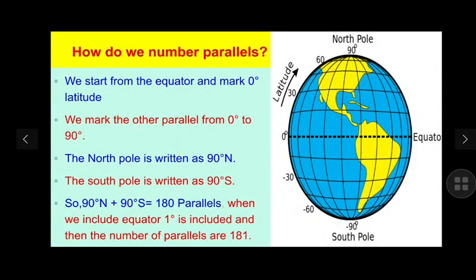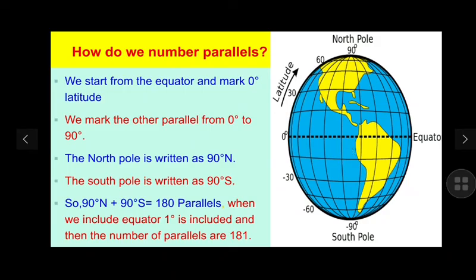Then when we mark the other parallels from 0 degree to 90 degree, the north pole is written as 90 degrees north, as you can see in the image. And the same way, the south pole is written as 90 degrees south. This is the center line which is known as the equator. From here we start, and this is marked as 0 degree.